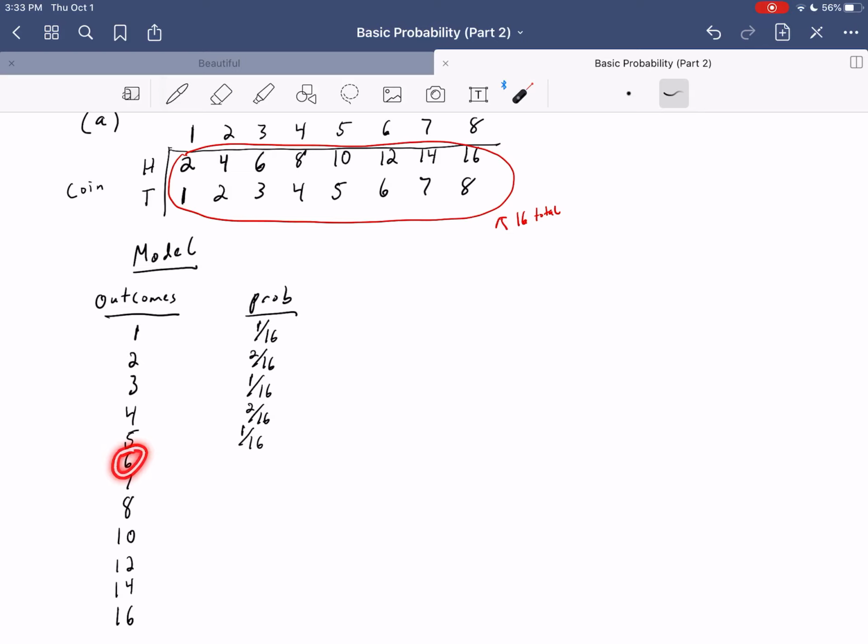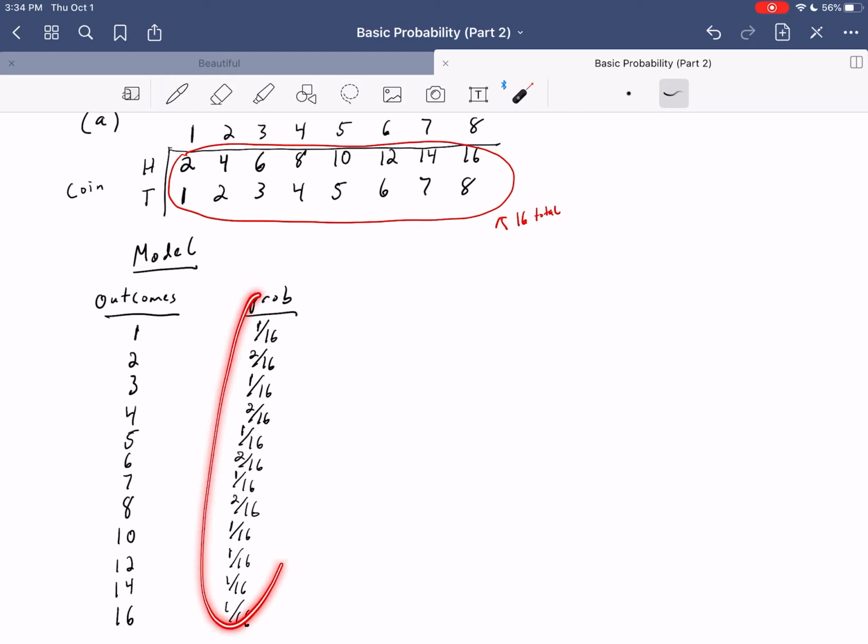For 6, there's 2 ways, so 2 out of 16. For 7, there's just one way, so 1 out of 16. For 8, there's 2 ways, so 2 out of 16. And then hopefully we can see that for 10, 12, 14, and 16, there's only one way each. So all the remaining ones should be 1 out of 16, 1 out of 16, 1 out of 16.